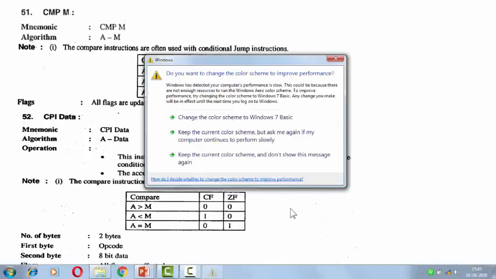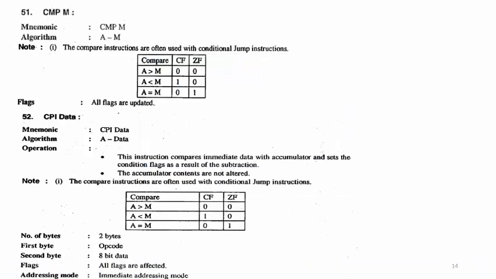Instead of this M you have to consider here 8-bit data, or simply data. So if the accumulator content is greater than the 8-bit data, at that time carry and zero flag are 0. If the accumulator content is smaller than the 8-bit data, at that time carry flag is 1 and zero flag 0. If the 8-bit data and the accumulator data are the same, at that time you will get zero flag 1, which indicates both are the same.